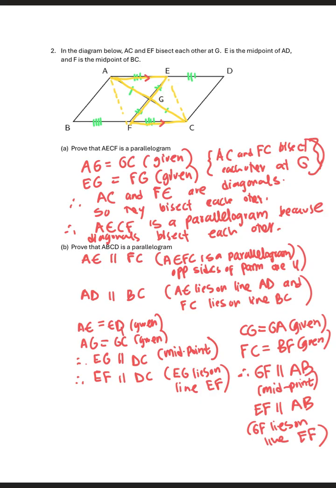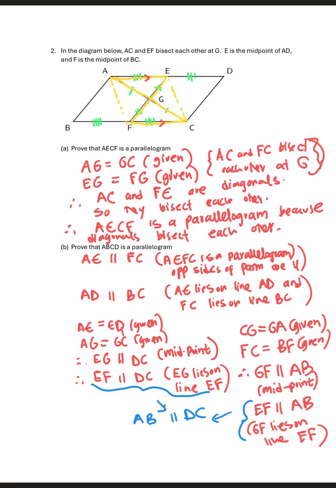Because EF is parallel to DC and EF is parallel to AB, we can combine the two statements and say that AB is parallel to DC. Do you see how amazing this is?